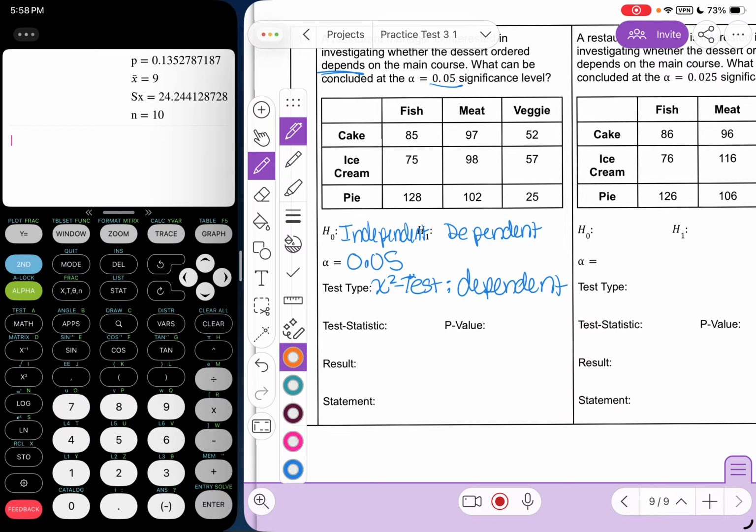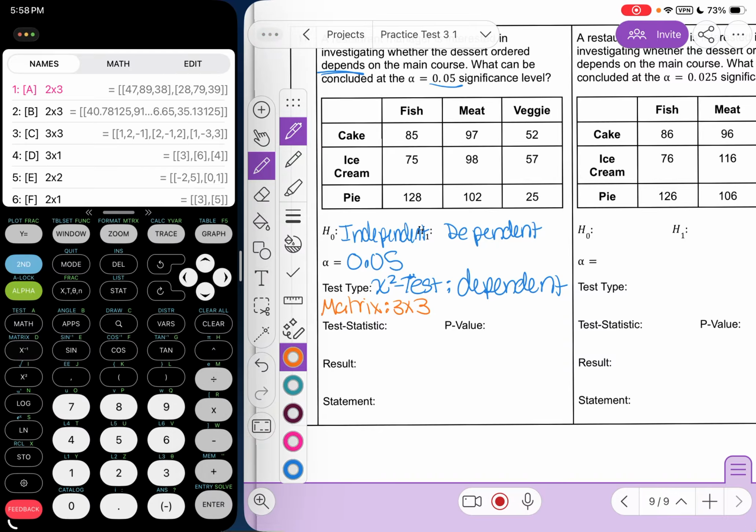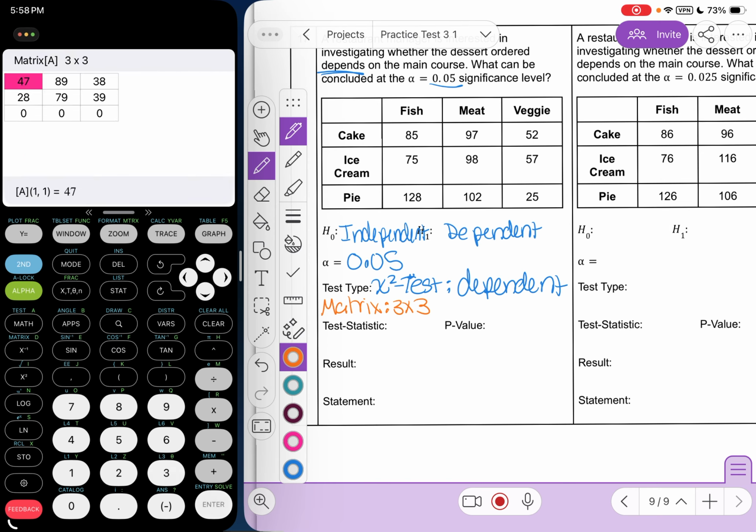So we're going to put this in a matrix, and it's 3 by 3. So to get to matrix, in case you forget, it's second x negative 1. Over to edit, we're going to make it a 3 by 3, and then I'm just going to type them in. 85, 97, 52, 75, 98, 57. 128, 102, 25.